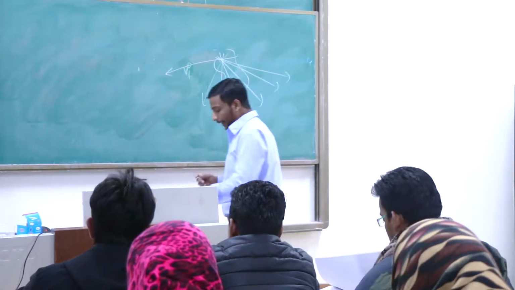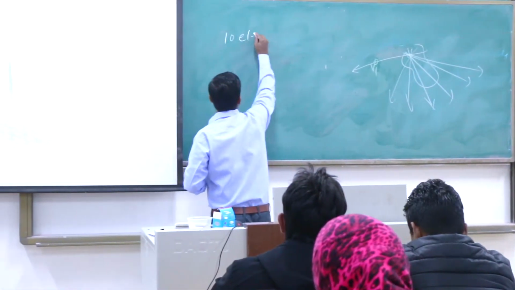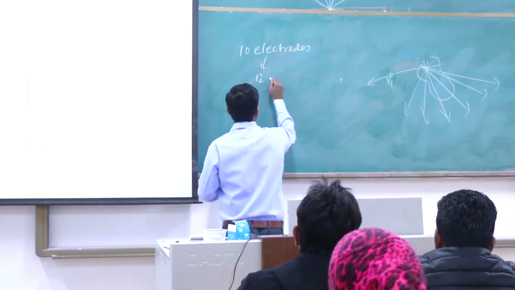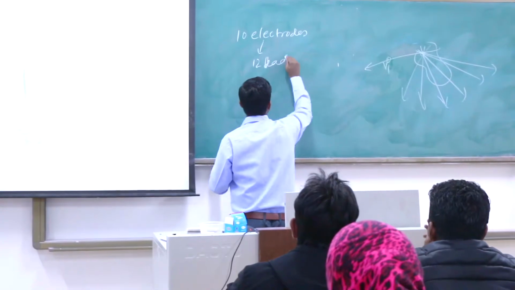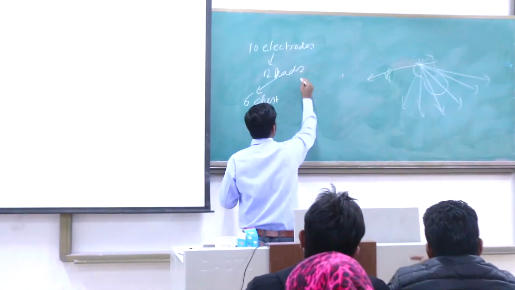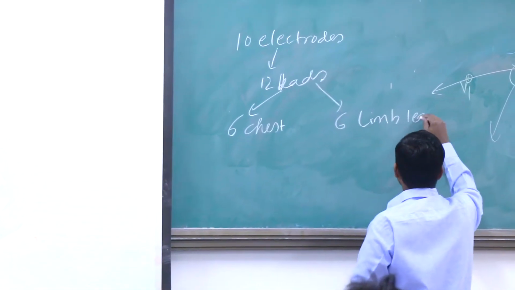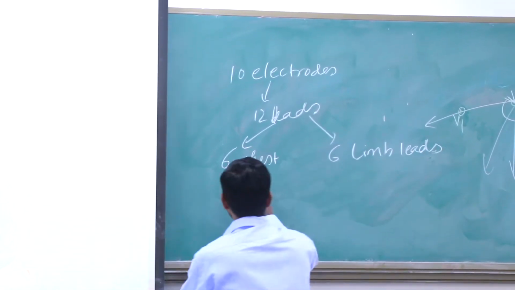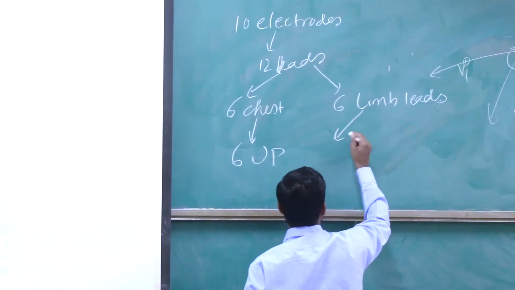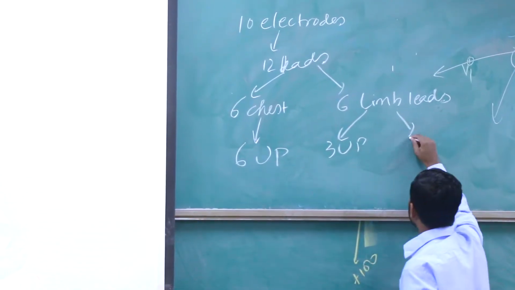So overall, your 10 electrodes will give rise to how many leads? 12 leads. Out of these 12 leads, we have 6 chest leads and how many limb leads? 6 limb leads. Out of the 6 chest leads, all of them are unipolar. But out of 6 limb leads, how many are unipolar? 3 unipolar. And how many bipolar? 3 bipolar.